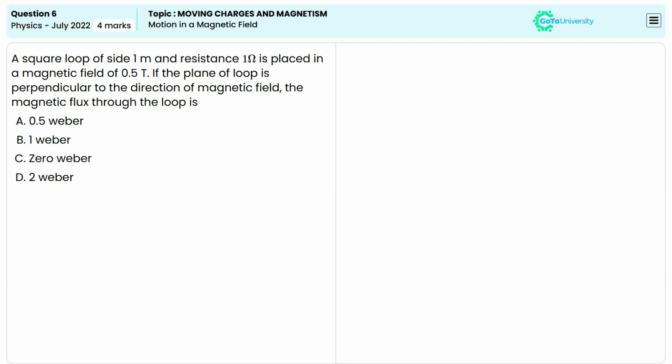Yes, very good. The formula is B dot A, or else we can say B A cos theta.